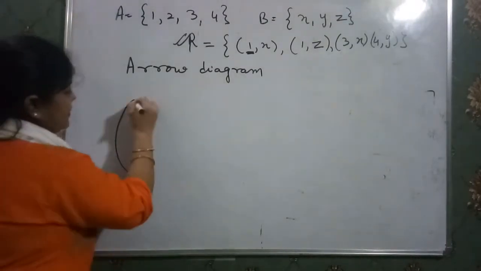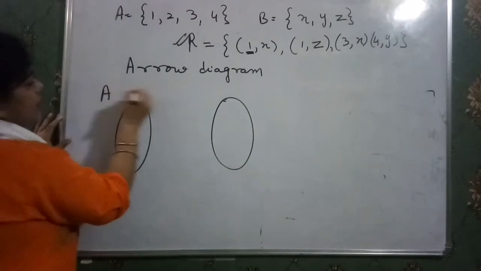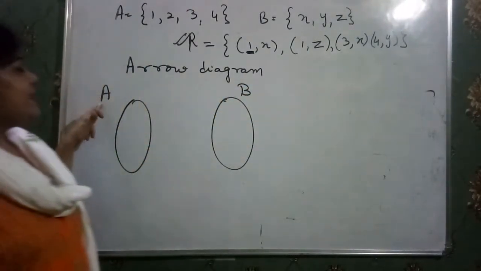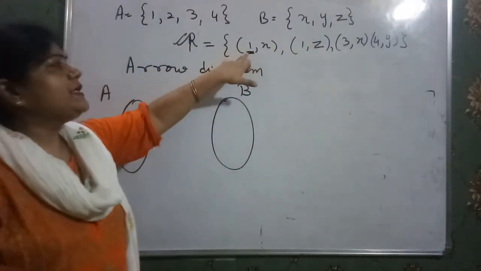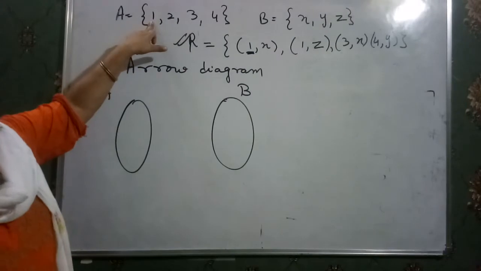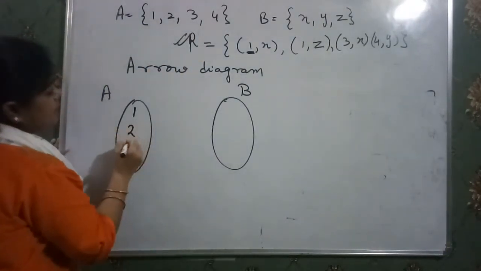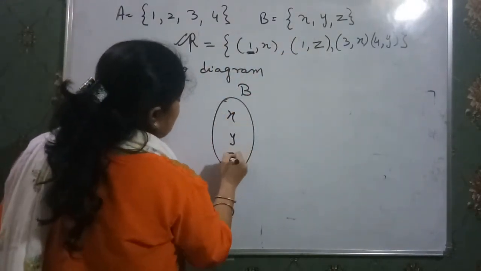We simply make two ovals. In the first place we take A and in the second place we take B. Why do I take A in the first place? Because 1 is kept in the first place and 1 is an element of set A. So write all the elements of set A in this box and all the elements of set B in this next box.